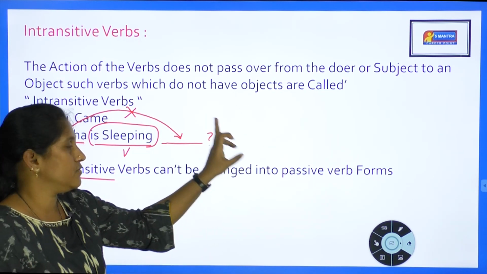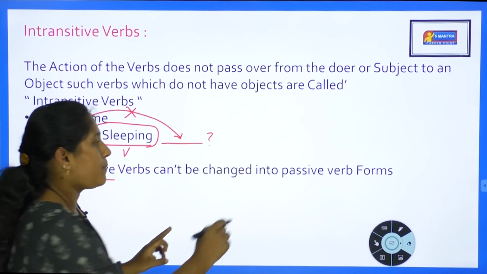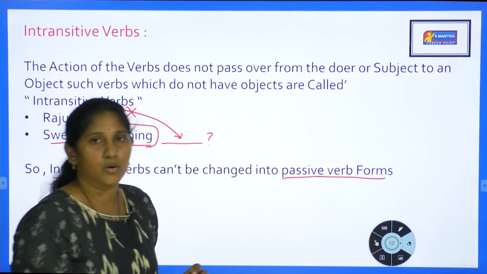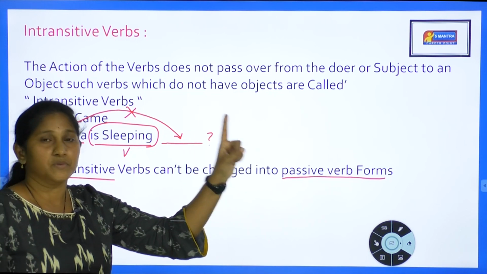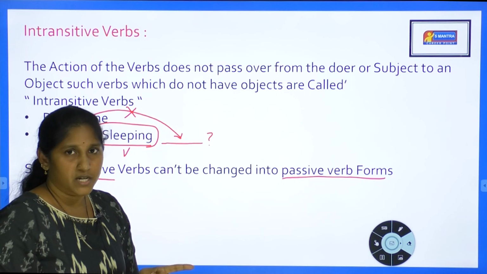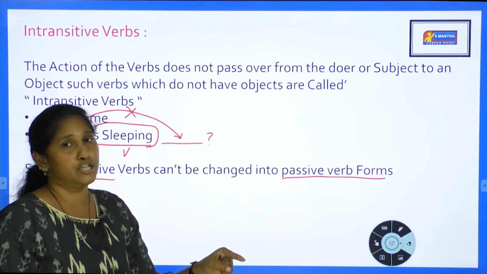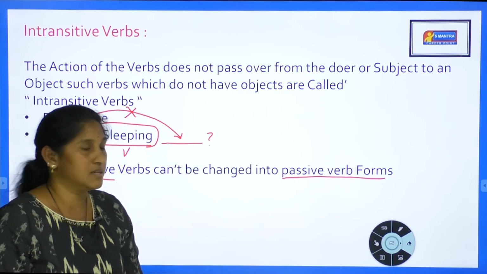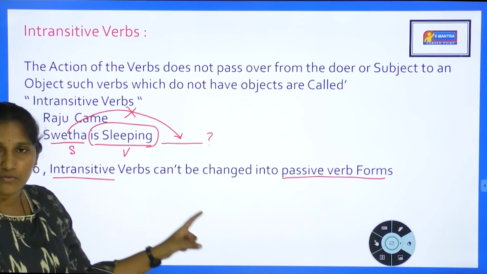These intransitive verbs cannot be changed into passive form of verbs. Transitive verbs, the sentences which have subject, verb, object, can be changed into passive form of verbs. But intransitive verbs cannot.